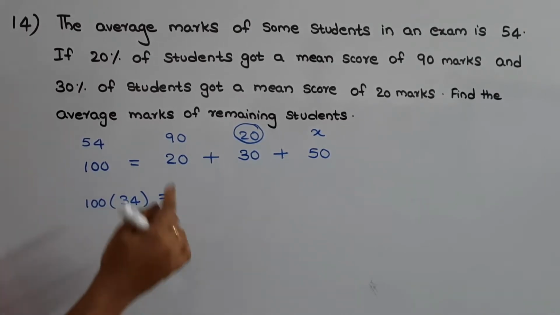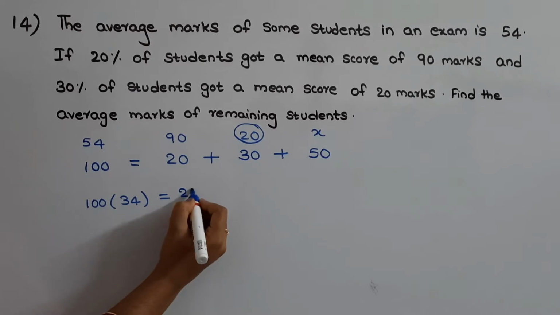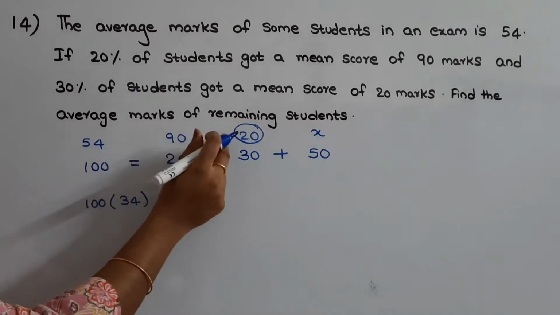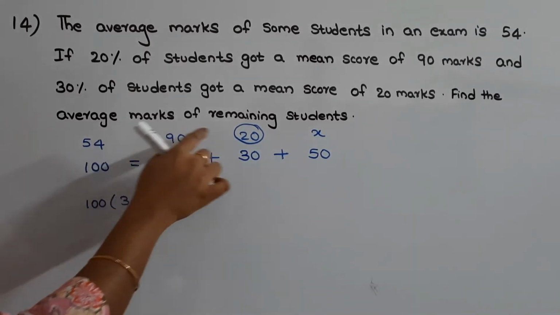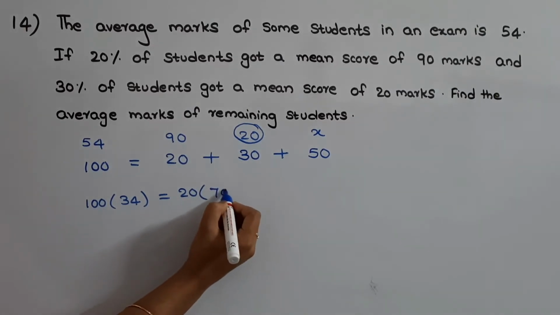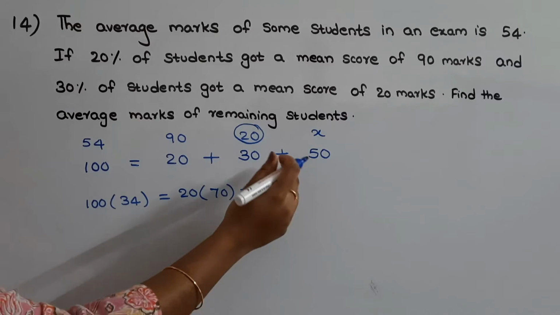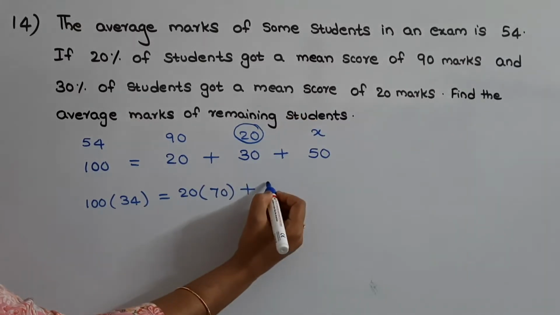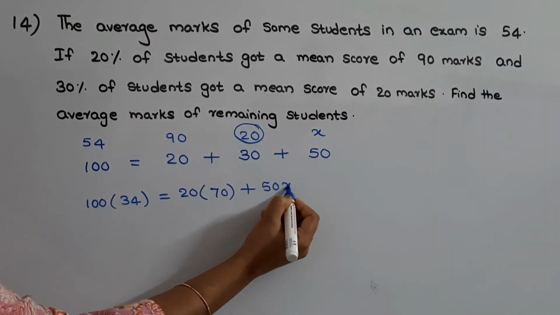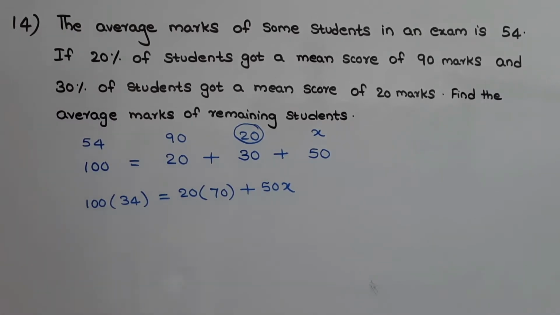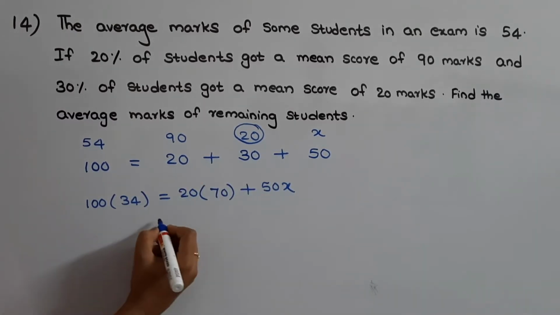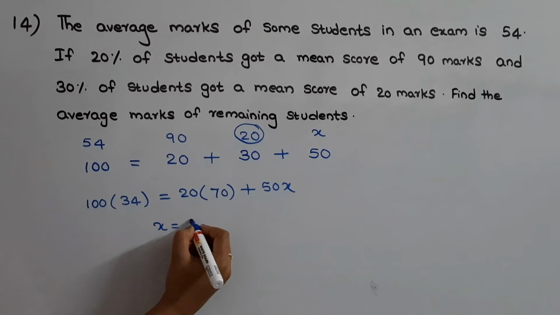That is equal to multiply this 20 by the difference between its average and reference average. That is 90 minus 20. That is 70. Now this part will become 0. Then plus 50 into x. That is 50x. Now on solving this equation, we will get the x value. So x value will be equal to 40.